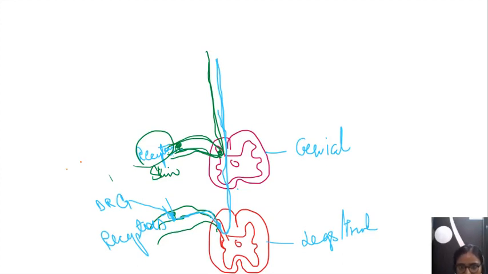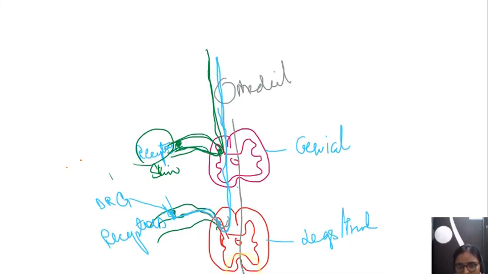The sensations which are coming from downwards, means your lower limb and trunk, are on the medial side, sorry. Fine, because it is approaching the midline. And the sensations which are adding up from the upper side are on the lateral side.